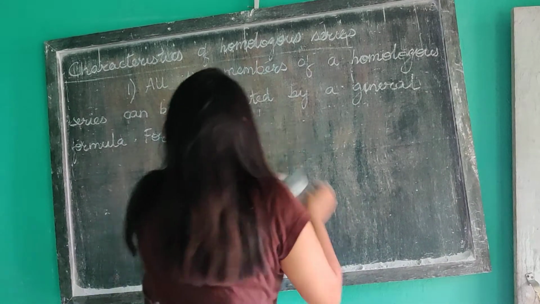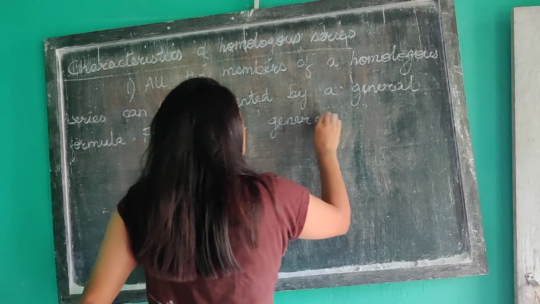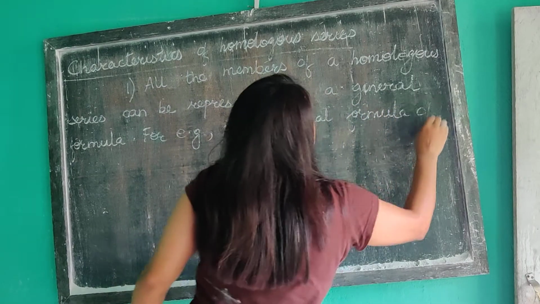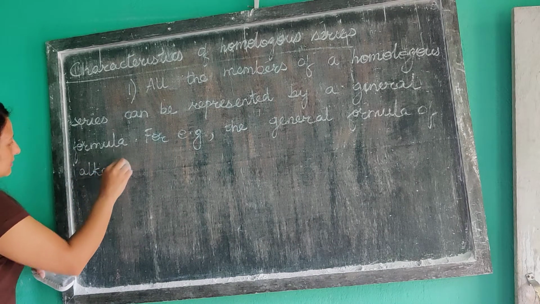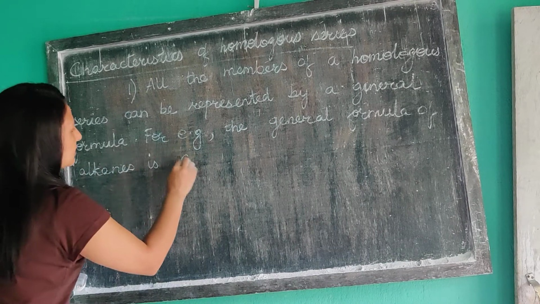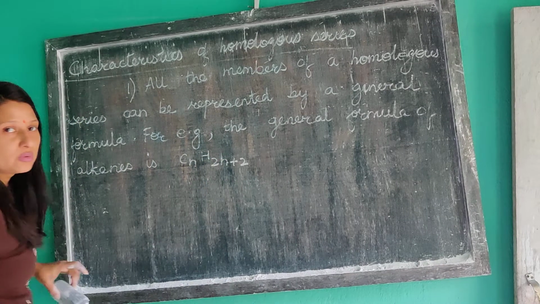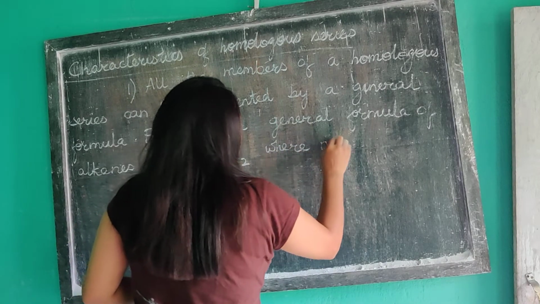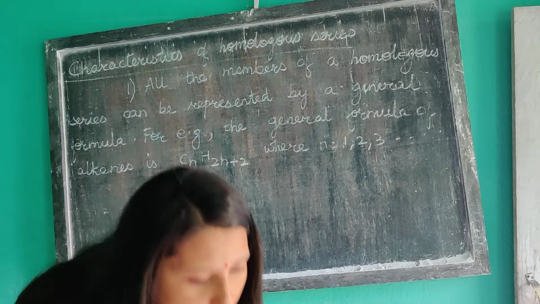The general formula of alkanes is CnH2n plus 2, where n is equal to 1, 2, 3 and so on.